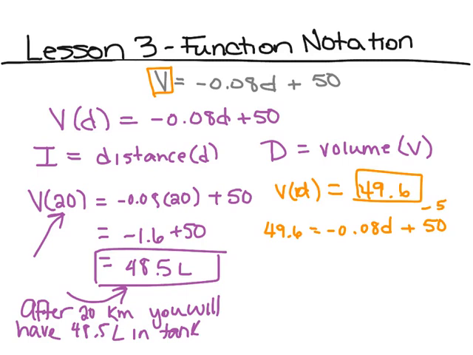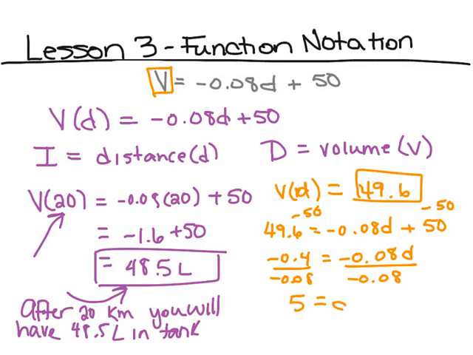We subtract 50 from both sides, and we should be left with negative 0.4 equals negative 0.08d. Isolate your variable and divide by negative 0.08, and you should be left with 5 is equal to d. So you will have 49.6 liters after 5 kilometers. That's what that means.